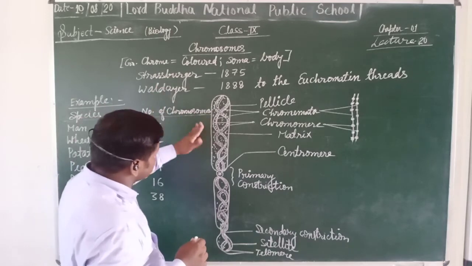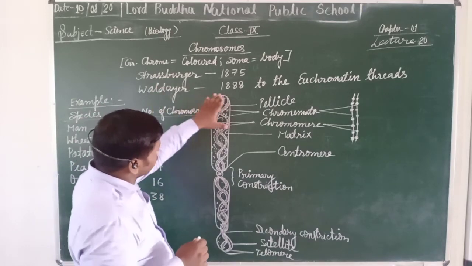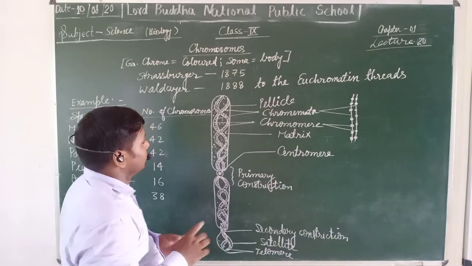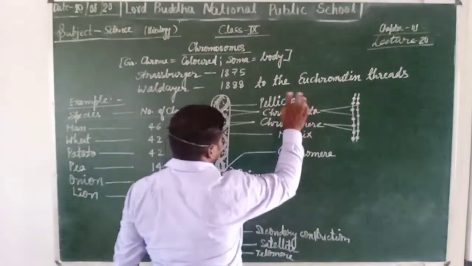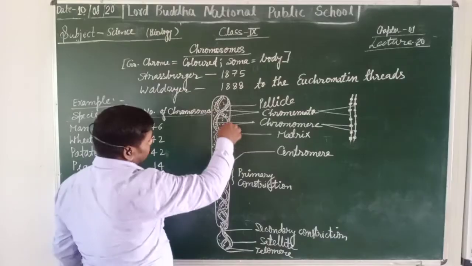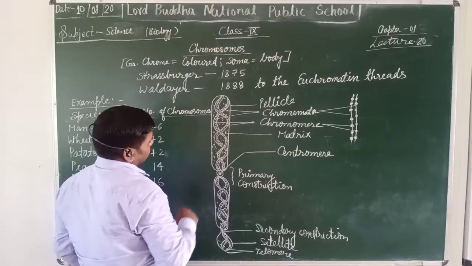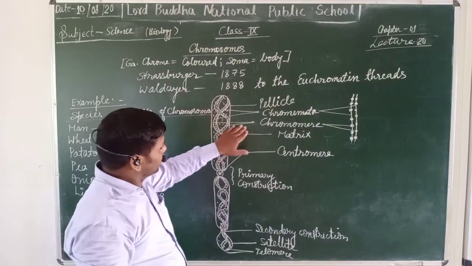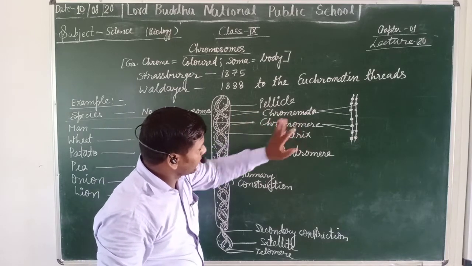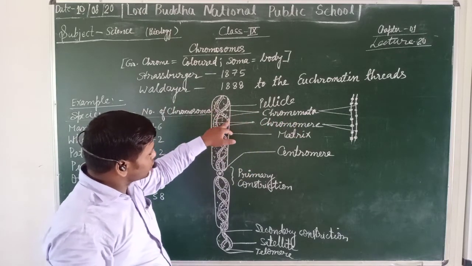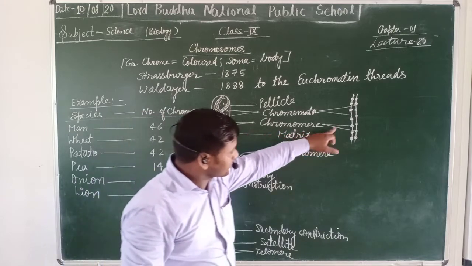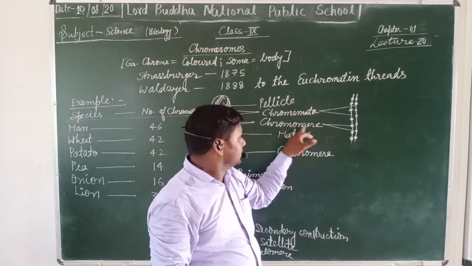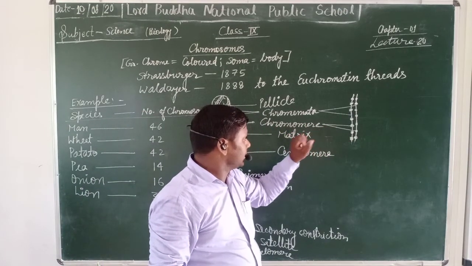Now let's come to the topic. This is the outermost protein membrane. And here two strands, which are wrapped together in a helical way or ladder-like structure, are called chromonemata. On each chromonema there are bead-like structures present. These structures are called chromomeres.